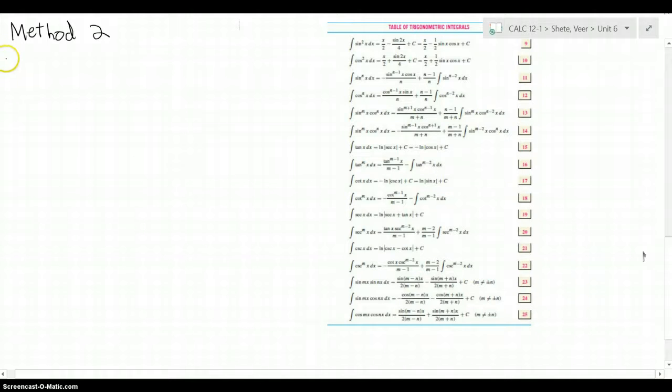So in this case, we are going to be taking the integral of cosine to the 5th x multiplied by sine x. Now in this scenario, once I went through my reduction formulas, I chose equation 14 here for a very specific reason.